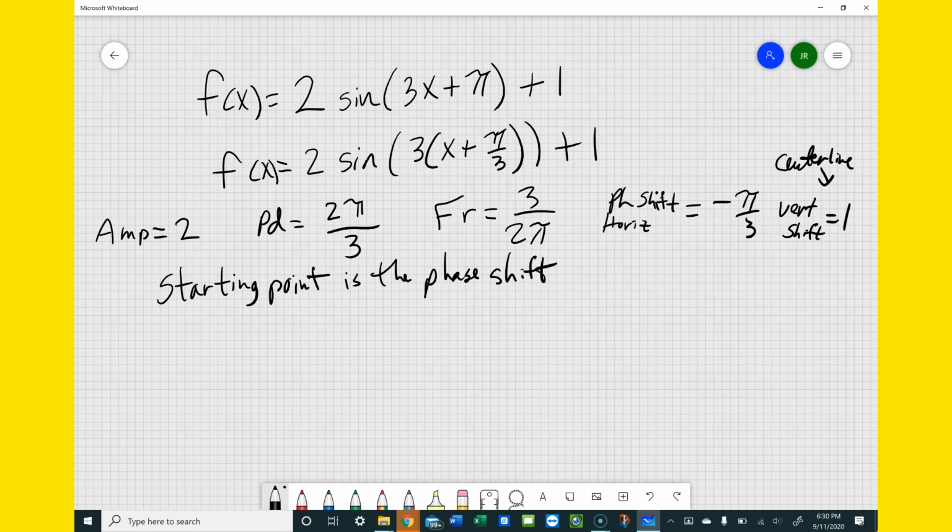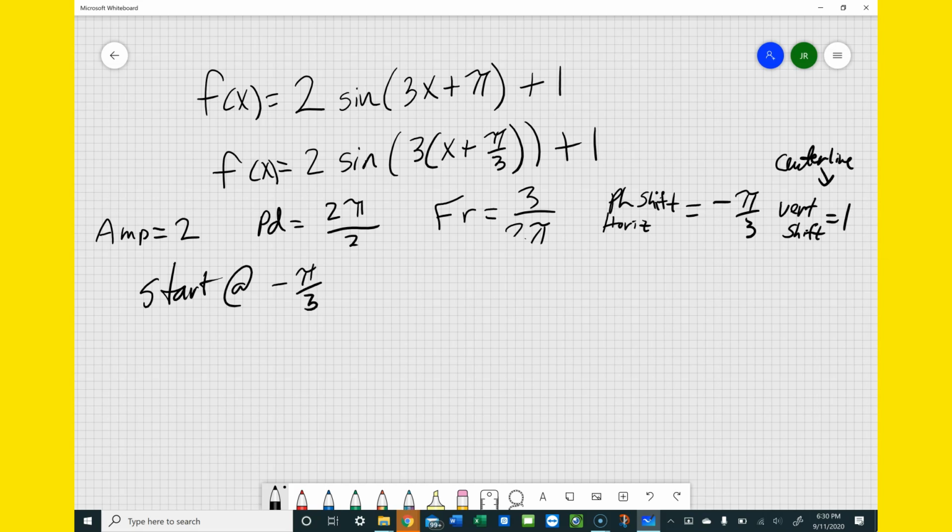So normally sine starts at 0, right? But since this thing has a phase shift, it's shifted to the left by pi over 3. Now we're not going to start at 0. The cycle starts at negative pi over 3. So our starting point is negative pi over 3.